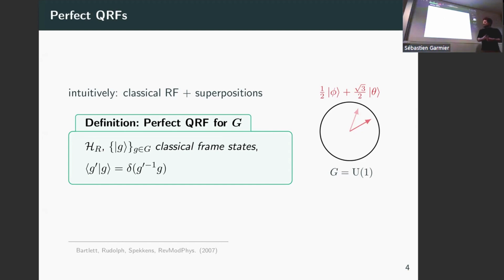What makes this frame perfect is that these classical frame states are perfectly distinguishable, and we achieve this with this orthogonality relation. Two states are perfectly distinguishable if they are orthogonal, and so we want them to be orthogonal if the g is not the same.